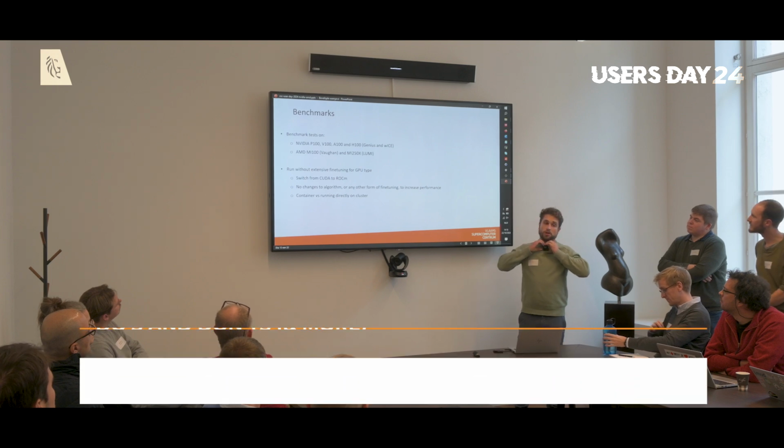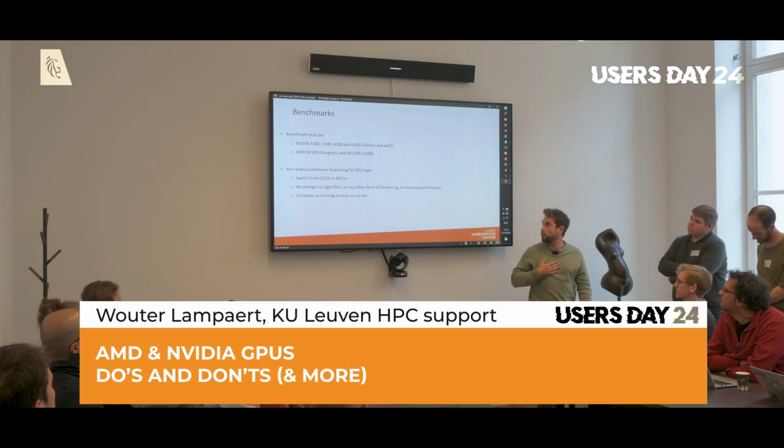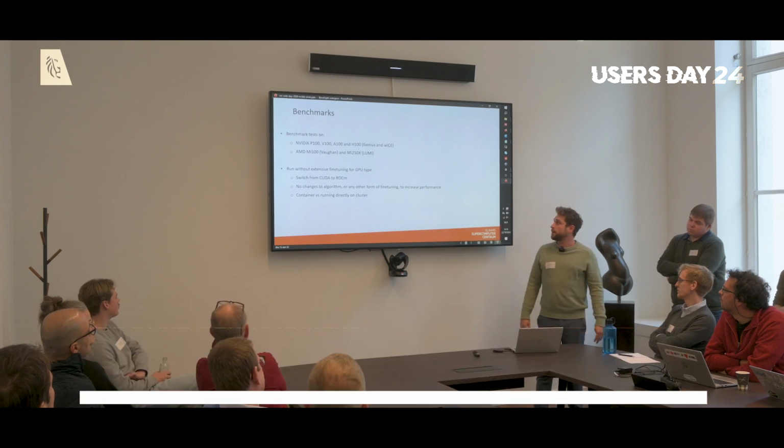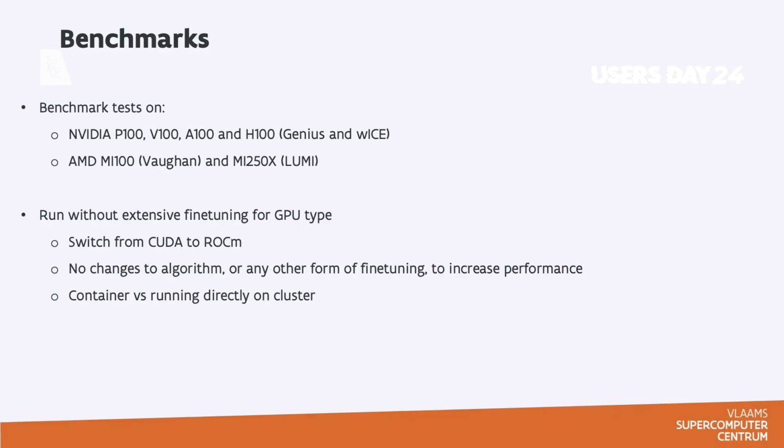So now a bit about the practical aspect, let's say. We did some benchmarks in the last couple of months, of course, both on NVIDIA and AMD. The NVIDIA GPUs were all on the Tier 2 clusters in Leuven, so Genius and Wise. And the MI100, of course, on Vaughan, as already mentioned, and the MI250X on LUMI.